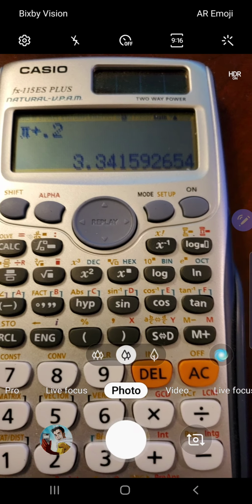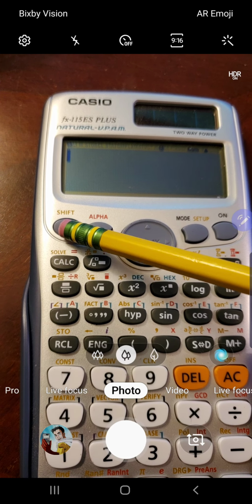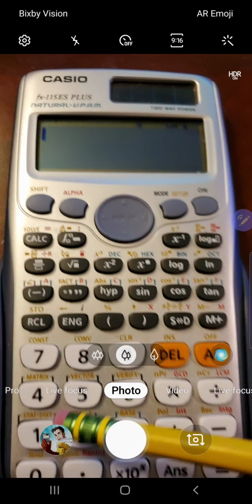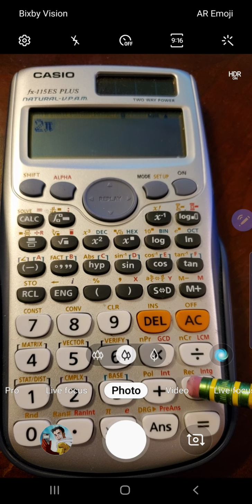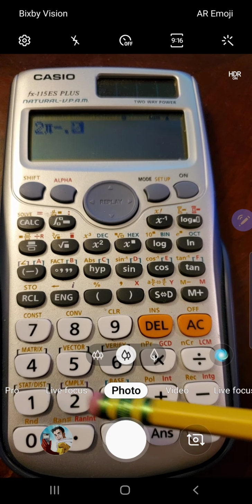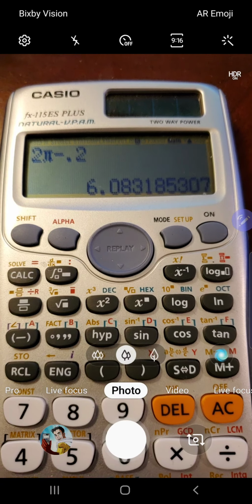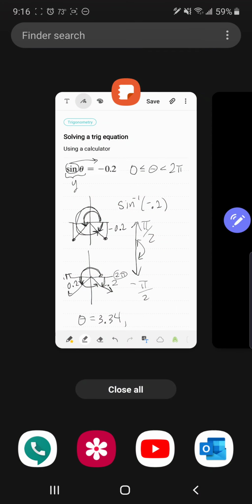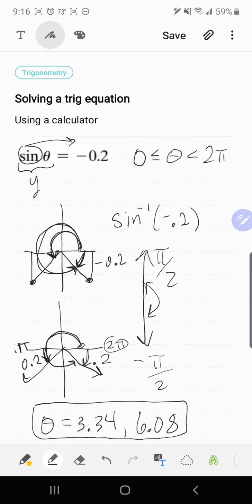At this point, we need to do 2 pi minus 0.2. And that's going to give me 6.08 rounded. So the other angle that I'm going to need is 6.08. And those are my two angles in radians that satisfy this equation.